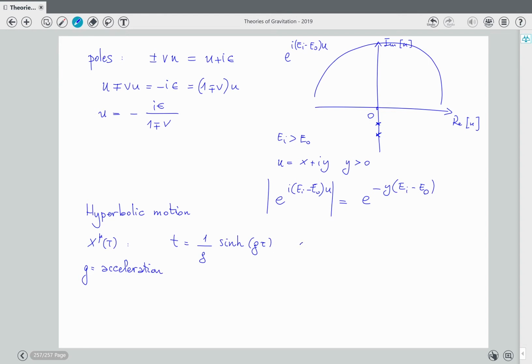And x is very similar with the hyperbolic cosine. Okay?